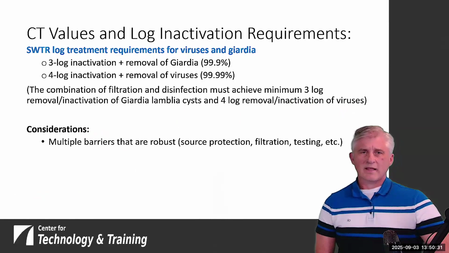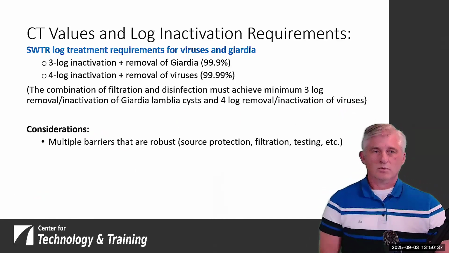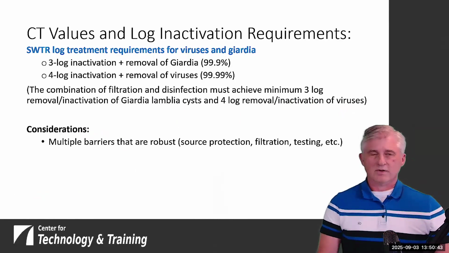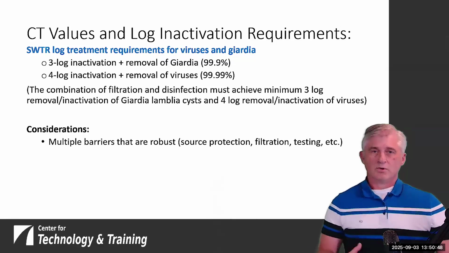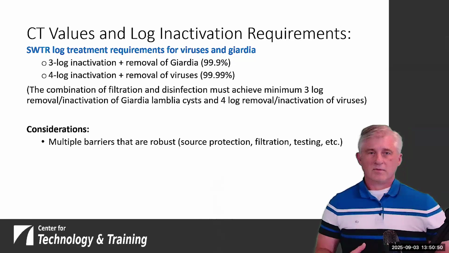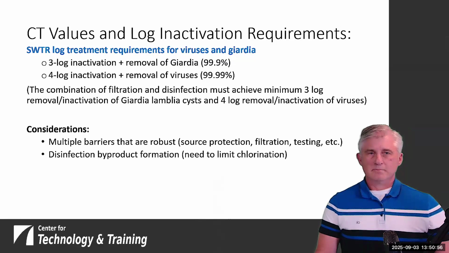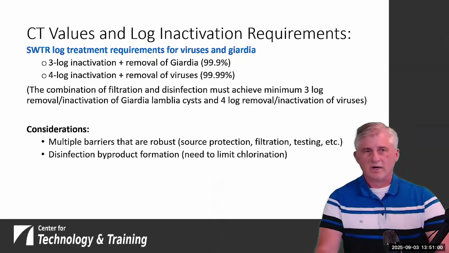So we can do a lot of things to aid in the process. I talked yesterday about protecting source. We're talking about filtration. There are things we can do to make sure we're getting the most out of everything that we do. If we have source protection where we don't allow these pathogens to enter the water, then there are fewer of them that we have to take out. The other thing we need to consider is the formation of disinfection byproducts.